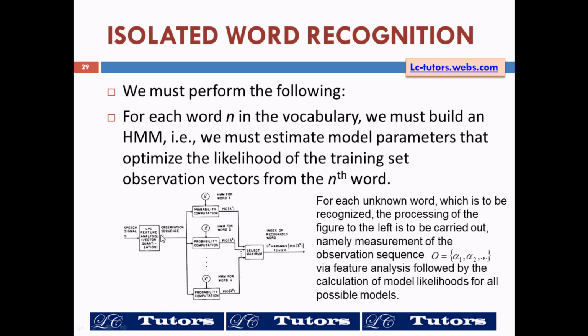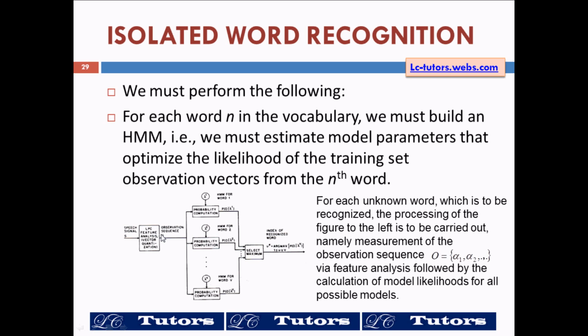So we have the recorded speech here, and we send it through the models. Say we record 1, so it goes through the models. There are word 1, word 2, word 3, word 0. So there are 10 words that you're going to utter.